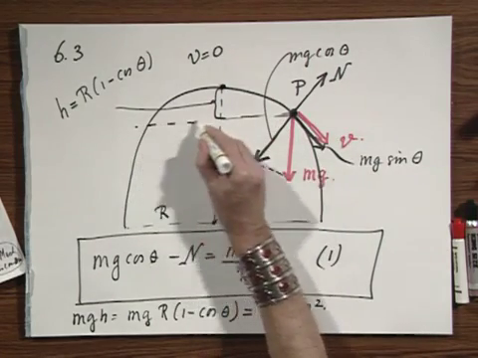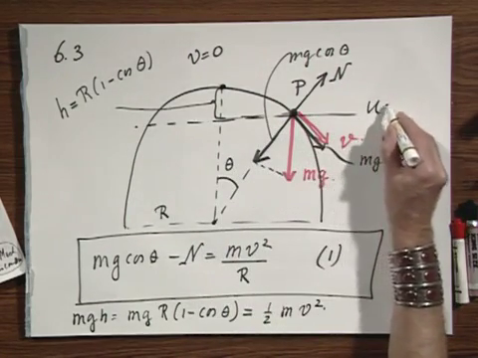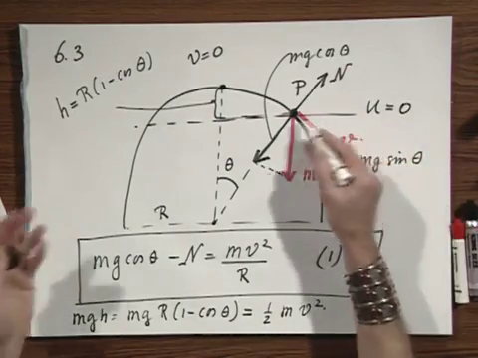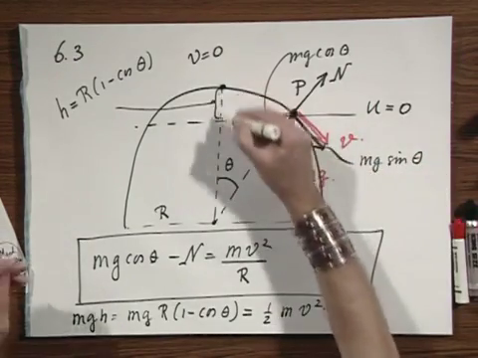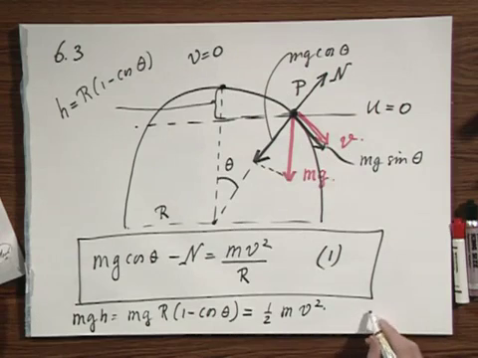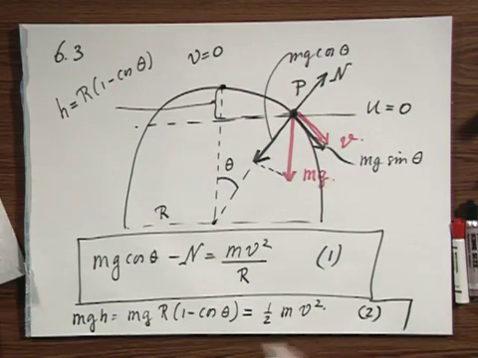What I have effectively done is called u here 0. But it's irrelevant where you call u 0, because it's only the difference that shows up. And this is equation number 2.